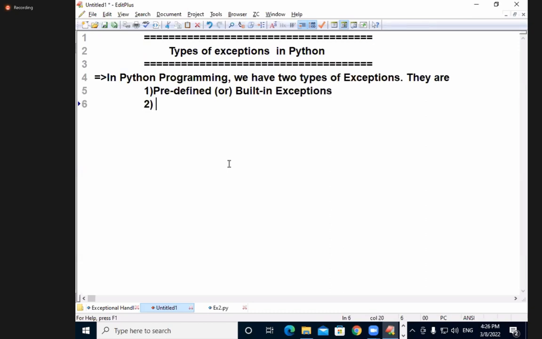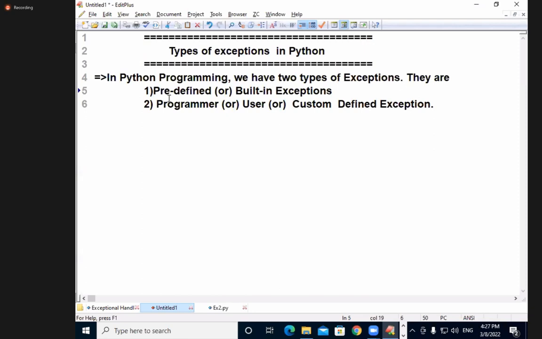The second one is programmer defined, also called user defined, or custom defined exceptions. So these are the two types of exceptions available.